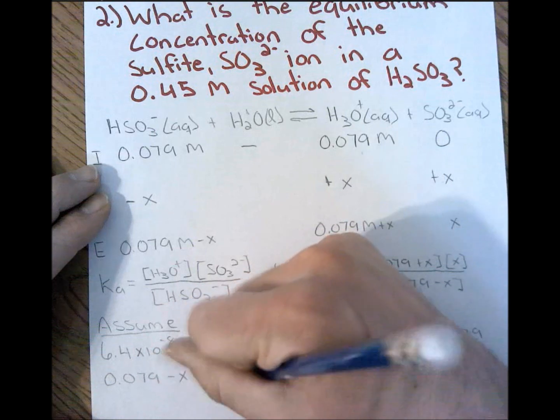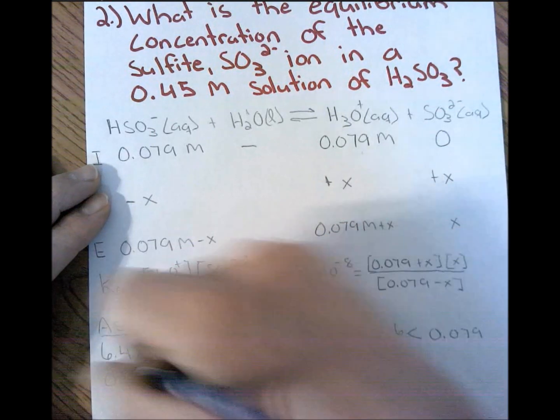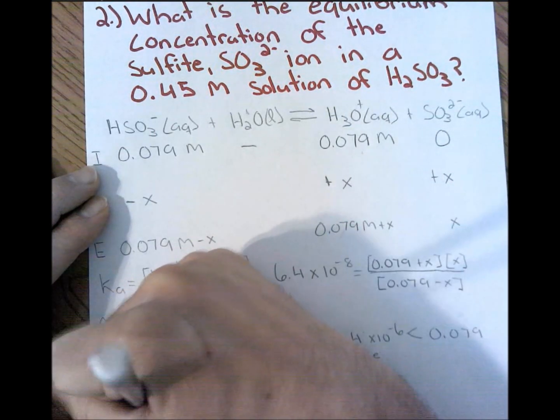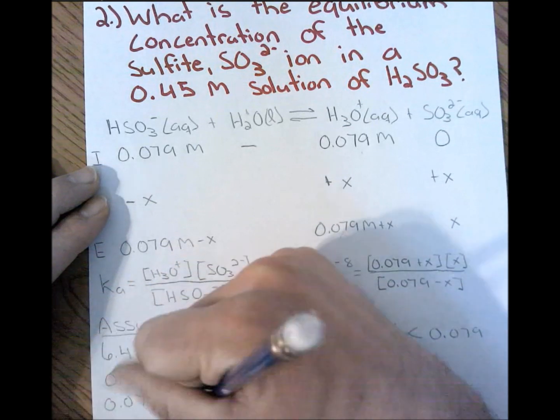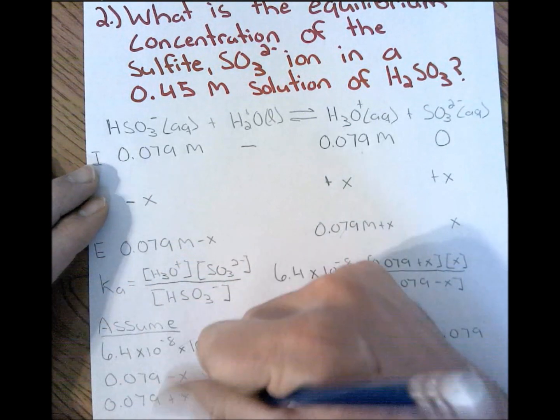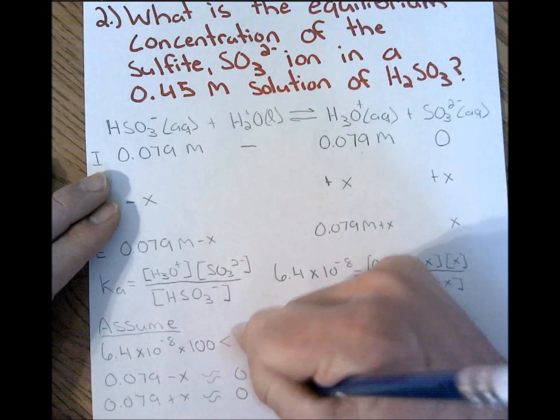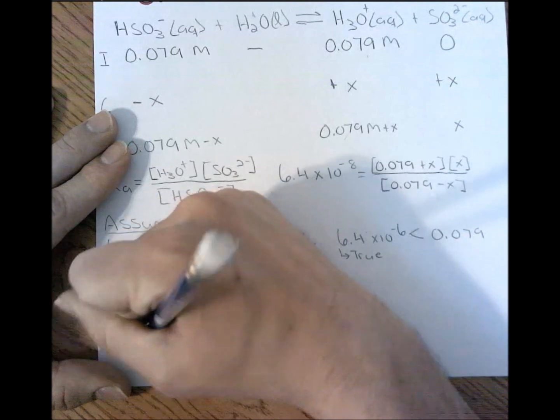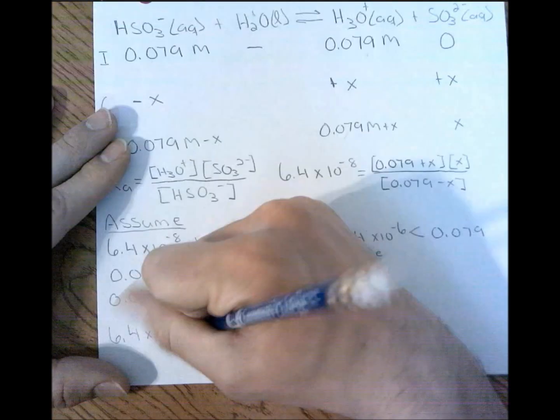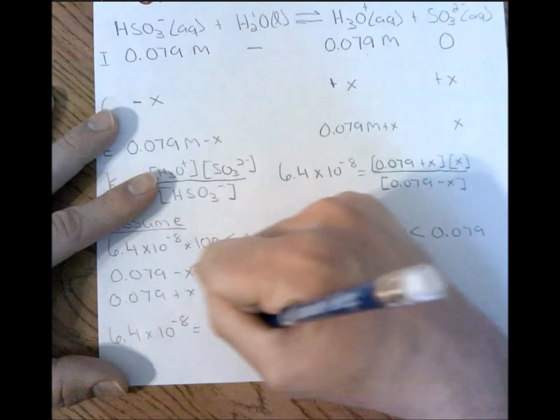So then, what we can do is say 6.4 times 10 to the negative 8th is equal to, not 0.079 plus X, but just 0.079 times our X, all divided by 0.079.